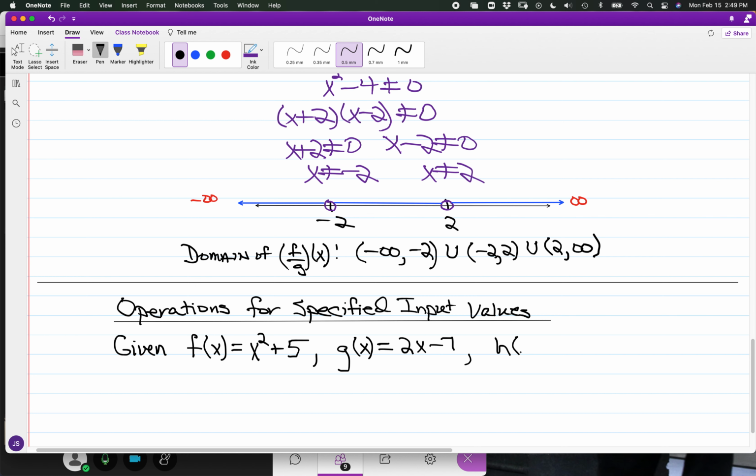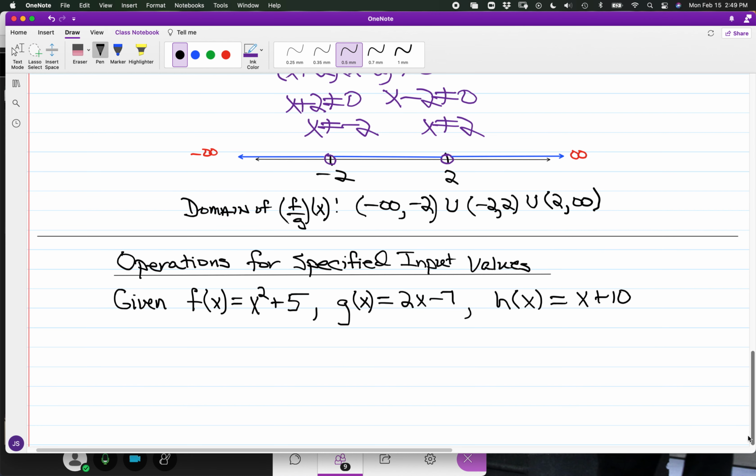And we'll throw in h of x is equal to x plus 10.